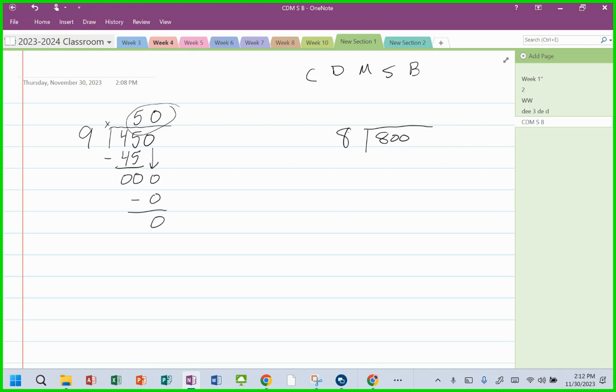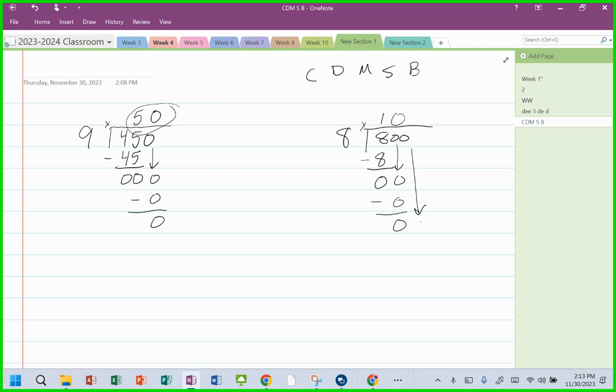We compare, we can do 8 goes into 8 one time. So now 8 times 1 is 8. We did that. Now we subtract 0. All right, so now we're going to bring down. 0 divided by 8 is 0. 0 times 8 is 0. We subtract. We bring one more down.